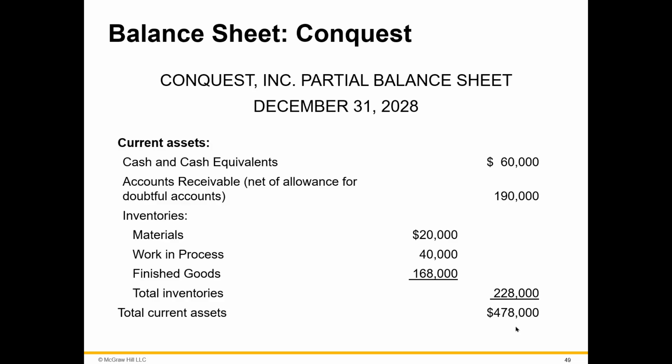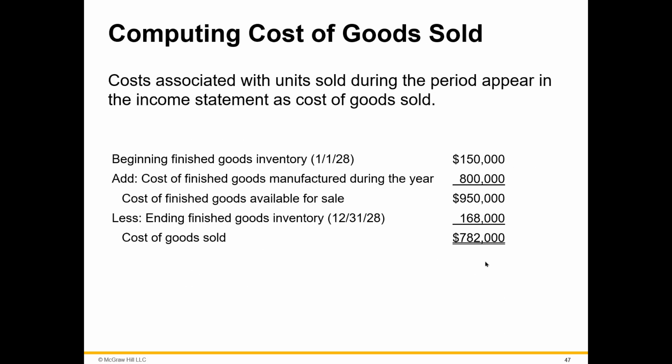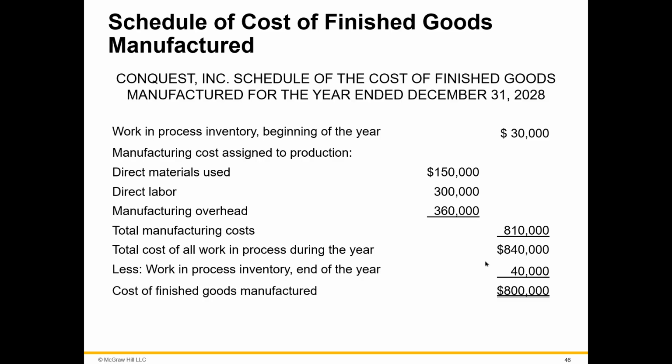I can also provide a partial balance sheet that will show what our inventories should be. So we're going to go back a few slides and look at the materials. I like to call them raw materials, but materials inventory, work in process, and finished goods. So 20, 40, and 168. Let's go back here just a little bit.